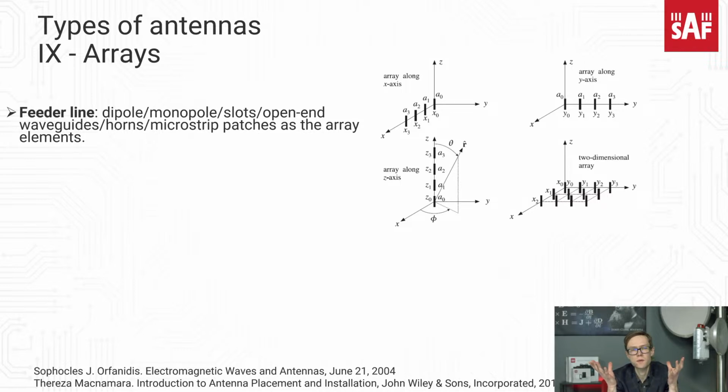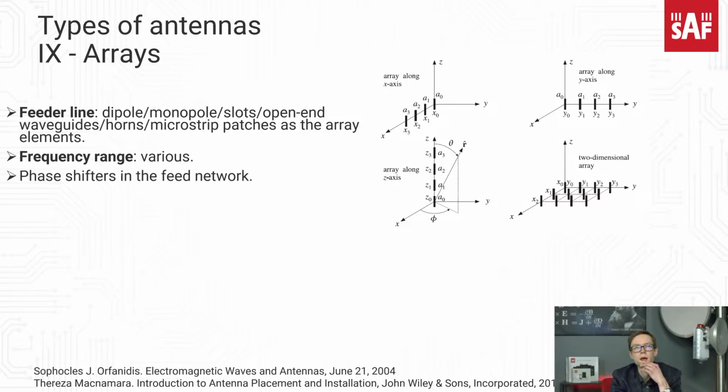So actually almost every simple antenna element can be arranged as an array of antennas and used as this subtype. Why do we need to do this at all? Of course, and consequently the frequency range varies depending on these driven elements. So why do we use these arrays?